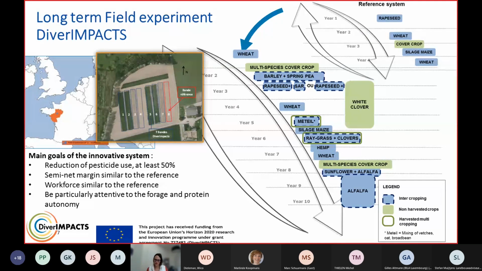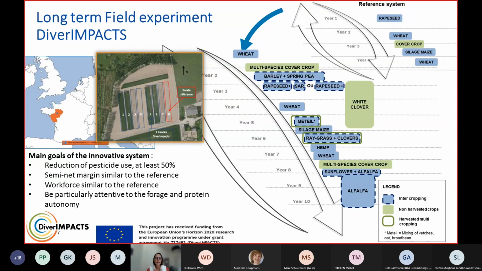Here is what we have built. The reference system is a short rotation with rapeseed, winter wheat, silage maize, and wheat, which is a frequent rotation in a large farm with dairy production and marketable crops in our region. And the goals that we assigned to the innovative system are a reduction of pesticide use of at least 50%, with a semi-net margin and workforce similar to the reference.